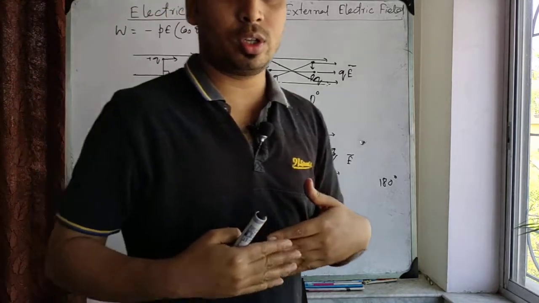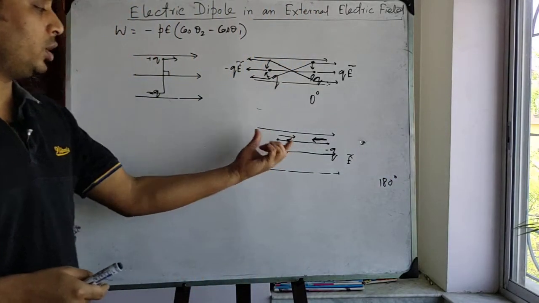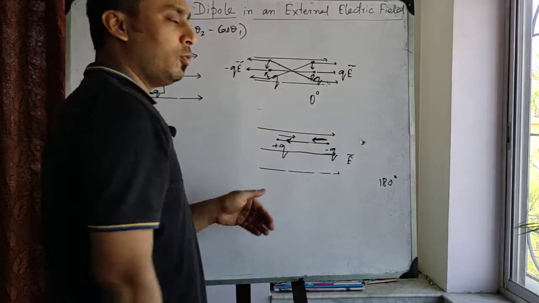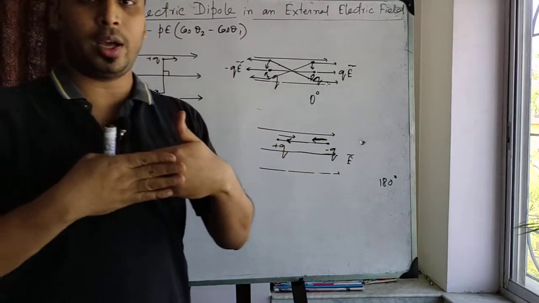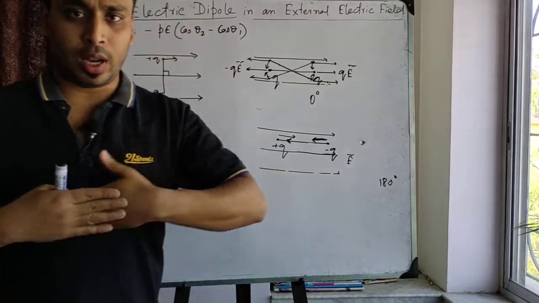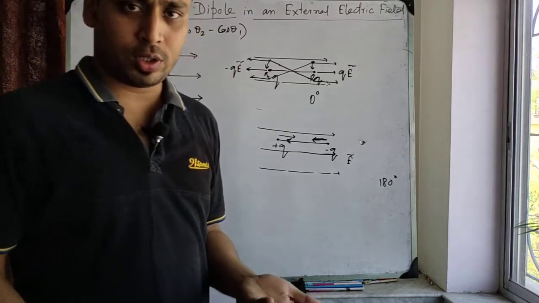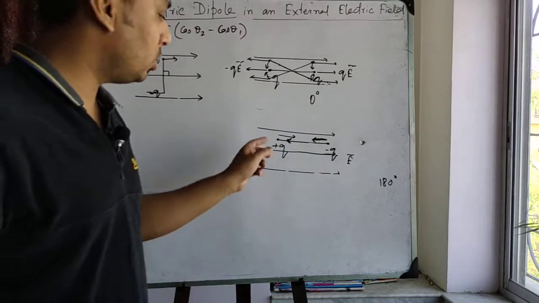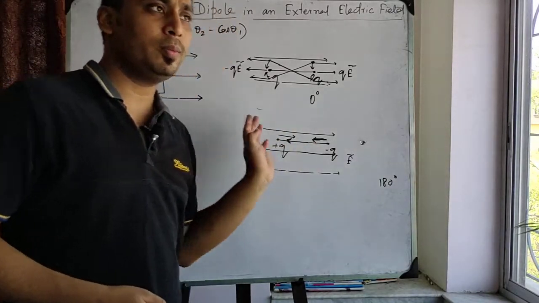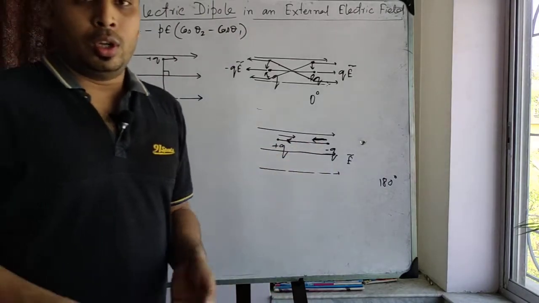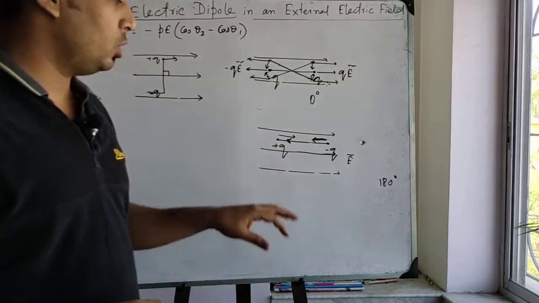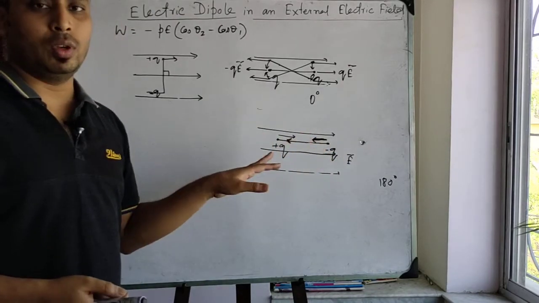Plus QE and minus QE cancel each other. Again, these two equal and opposite forces act along the same line, so the distance between the lines of action is 0. So the torque is 0, the net force is 0. So this is also an equilibrium position.